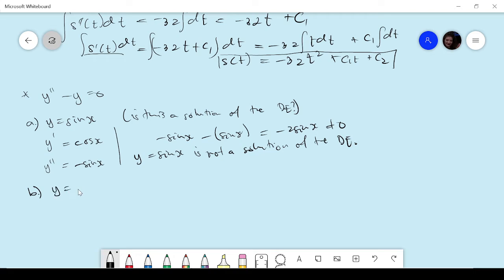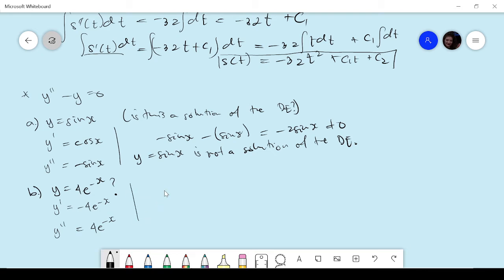Okay, how about this one? y equals 4e raised to the power of negative x. Is this a solution of the differential equation? Let us check. Just look for the second derivative of your function. The first derivative is given by minus 4e raised to the power of negative x. So the second derivative is given by 4e raised to the power of negative x.